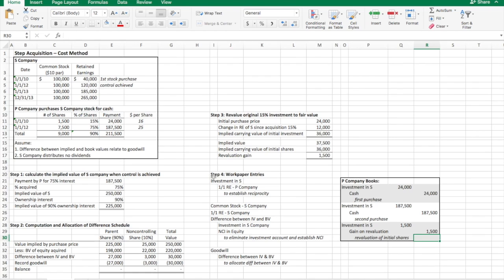And so then we can move to step 4, which is the work paper entries. The first entry we need to make is to establish reciprocity. And for that, we've already calculated the number for this. It's just this 15% change in retained earnings.